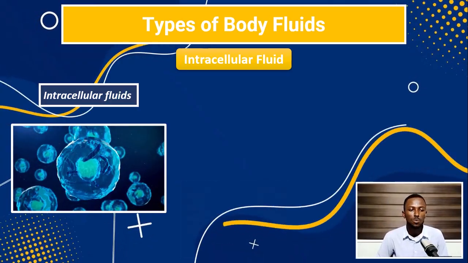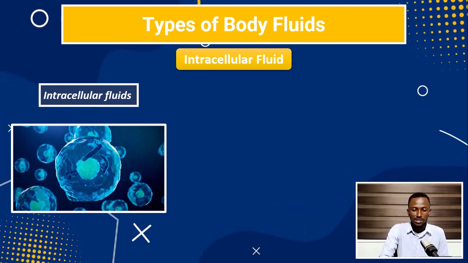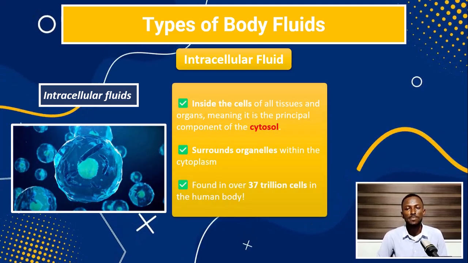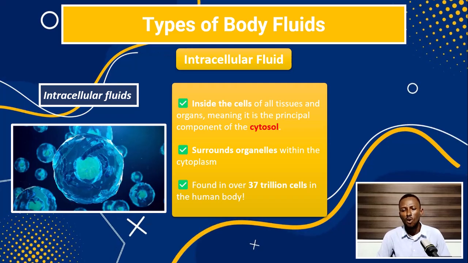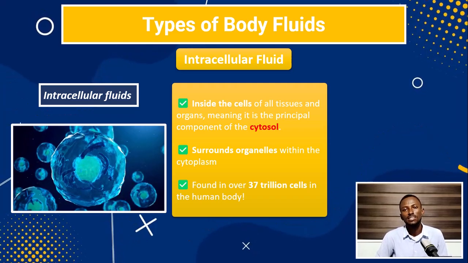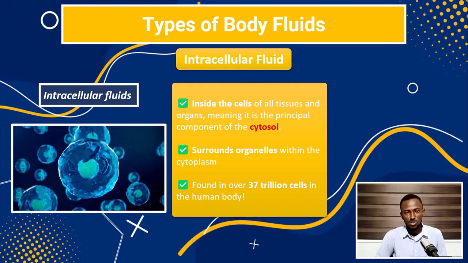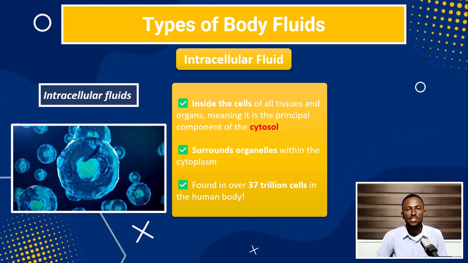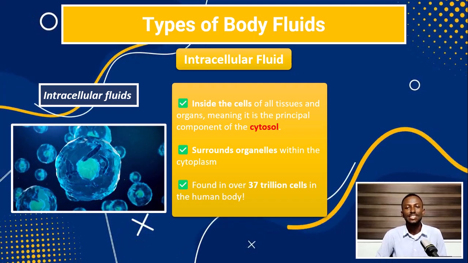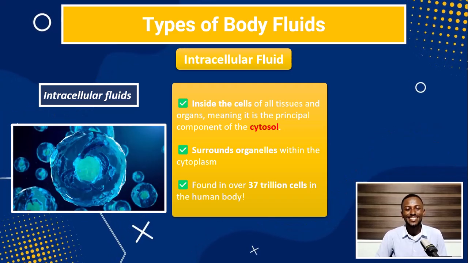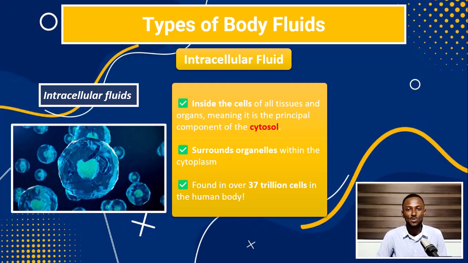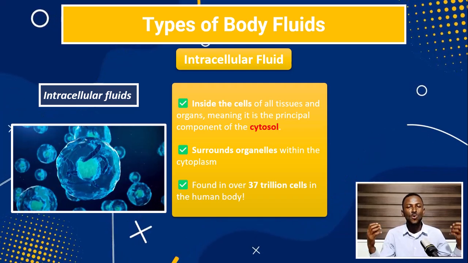So first one, intracellular fluids. What exactly do we know about them? They are found in the cells of all tissues and organs. All the cells that make up these tissues and organs have these fluids, and they are known as intracellular fluids. This intracellular fluid is basically what we refer to as the cytosol of the cell.